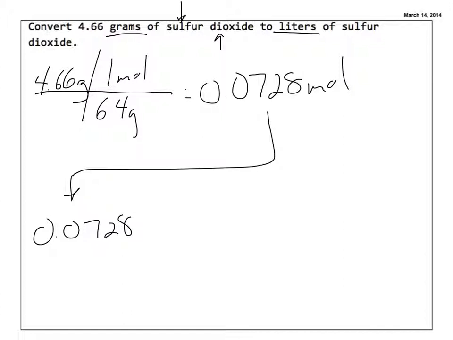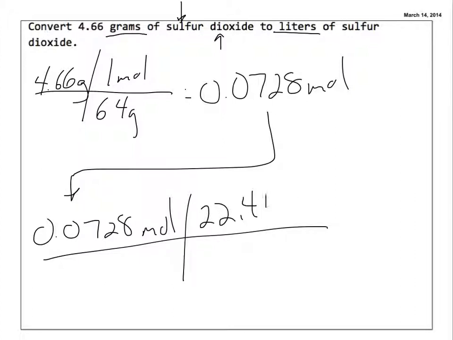So 0.0728 moles times 22.4 liters per 1 mole at standard temperature and pressure is equal to 1.63 liters.